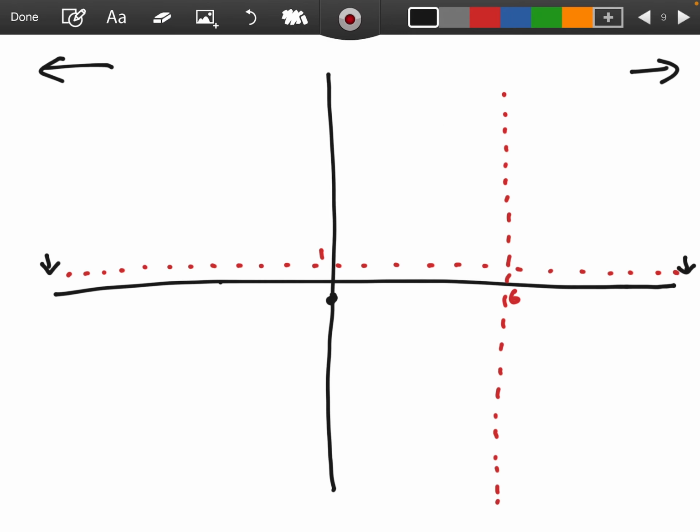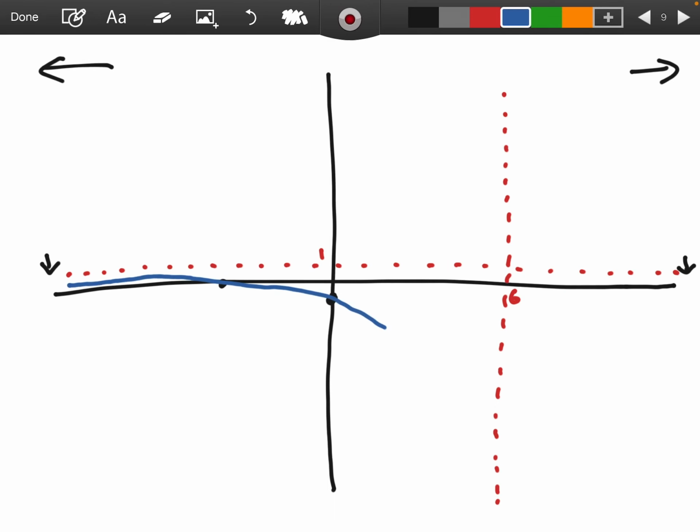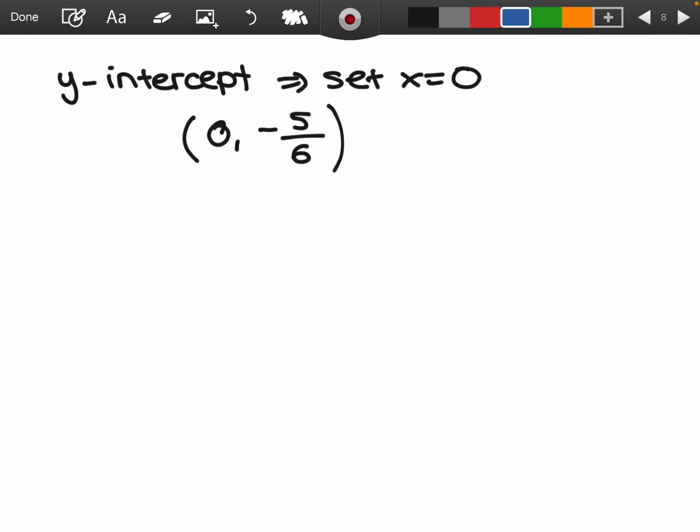So I know that because I've got to approach that line of y is equal to 1, the shape of my graph on this side will be something like this. So it must be the opposite on the other side of my graph. Again, in both directions, as x goes towards infinity and as x goes towards negative infinity, I'm approaching that horizontal asymptote. The last thing that I need to do is to actually draw in that hole.